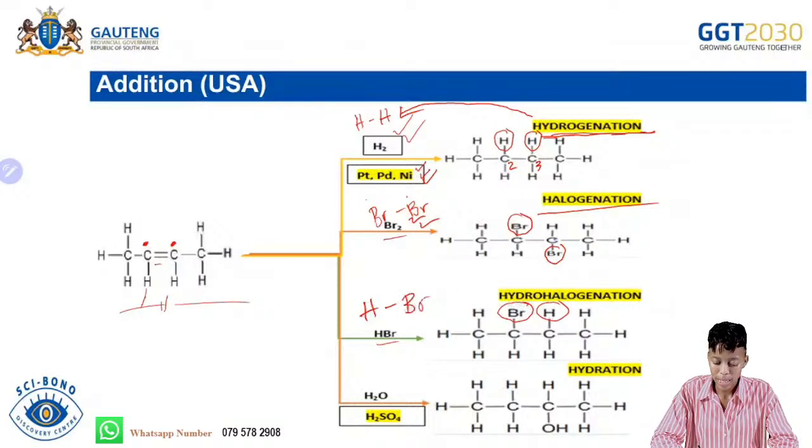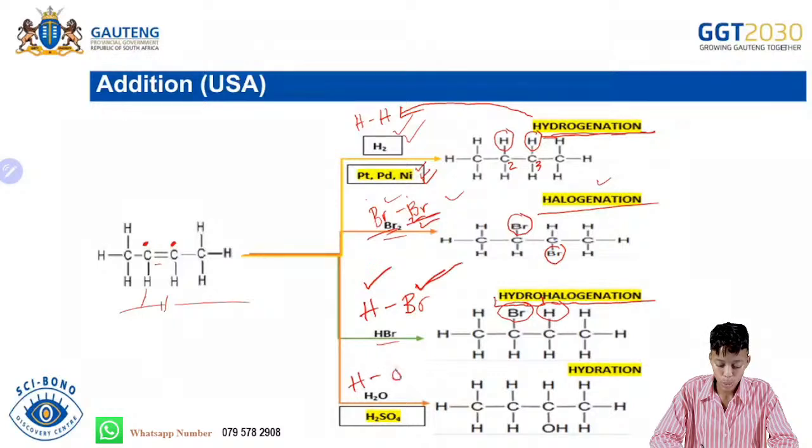The type of reaction is called hydro for the hydrogen part, and halogenation, because it is the addition of a halogen. Just like this one, halogenation, the addition of a halogen. Then we have H2O.